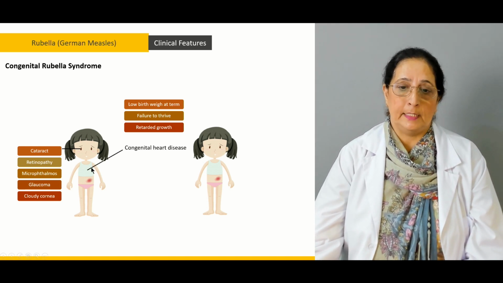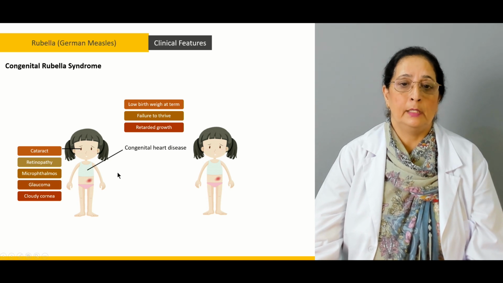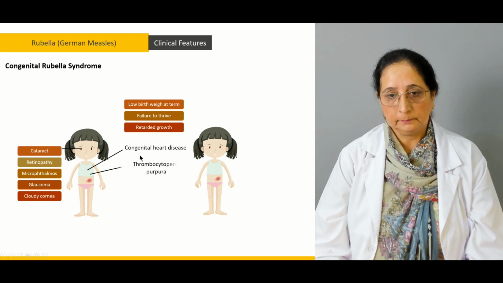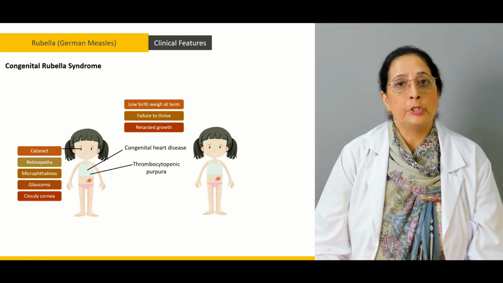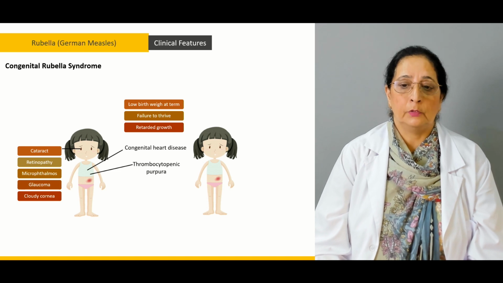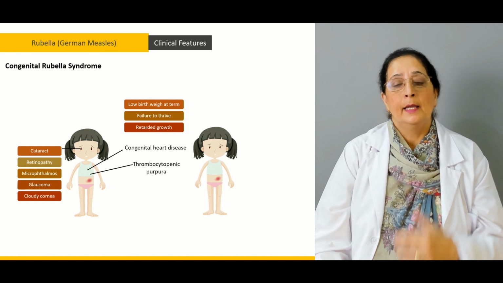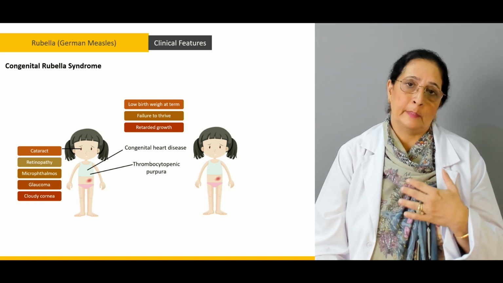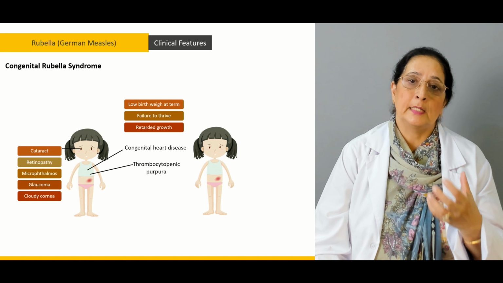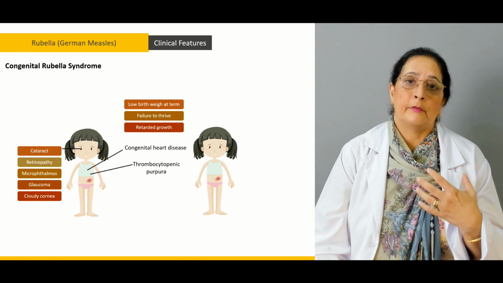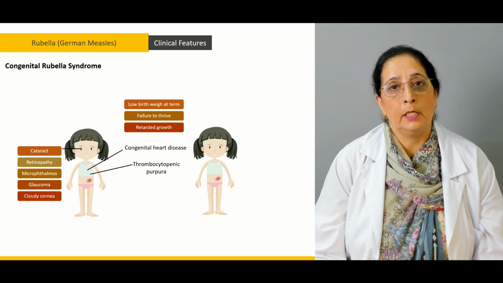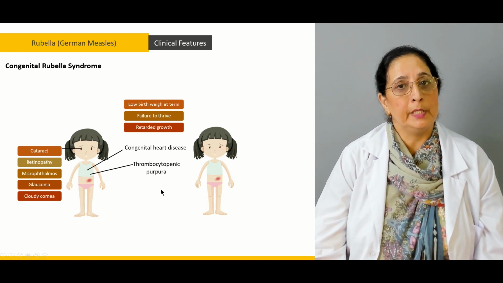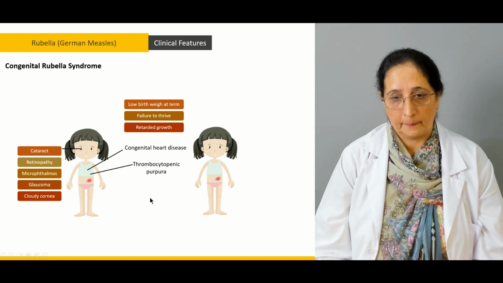Congenital heart disease is associated with congenital rubella syndrome also. Thrombocytopenic purpura. Thrombocytopenia is a condition in which there is a decrease in the platelet count. Platelets are the cells present in the blood that are responsible for clotting of the blood. So in this, there is also thrombocytopenic purpura present.